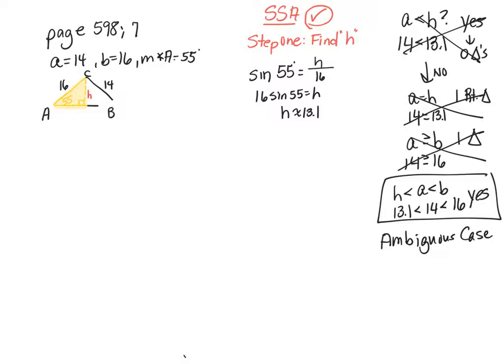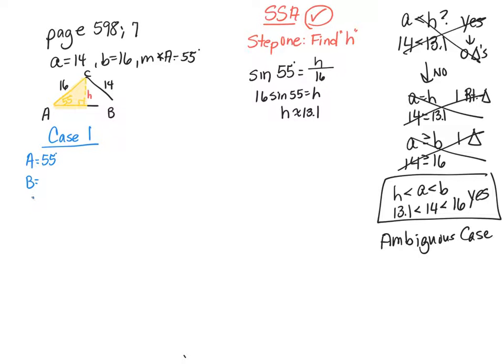So now that we know we have two triangles, we've got to look at the case for each one. So let's make a case for the first possibility. Case 1. In case 1, we know that angle A is 55 degrees.